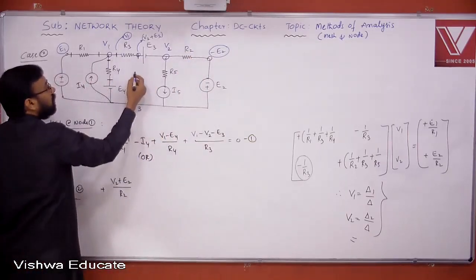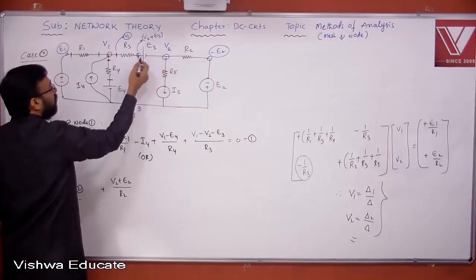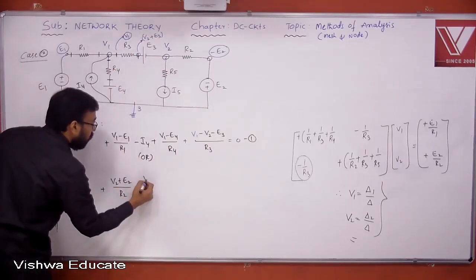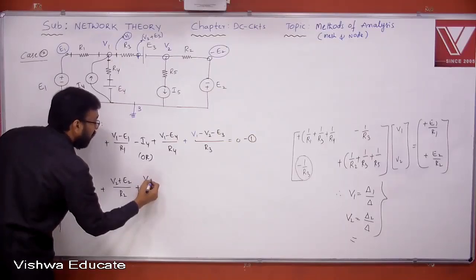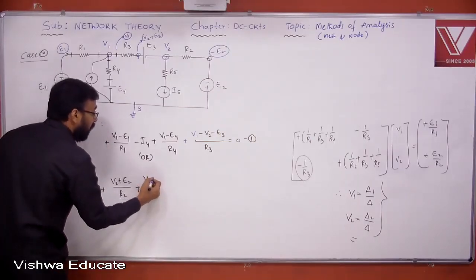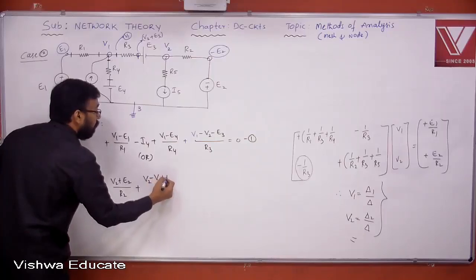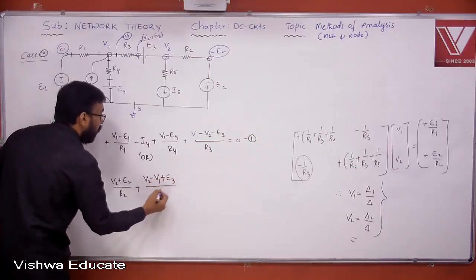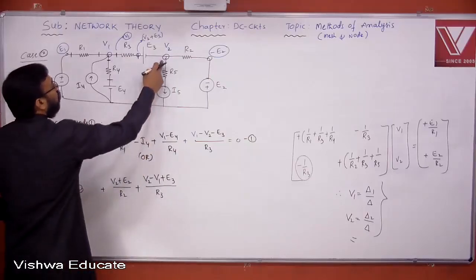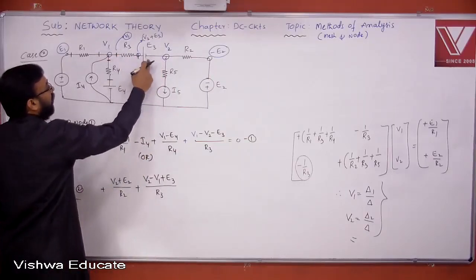And then what about this? Now you assume V2 greater. Then V2 plus E3 minus V1, nothing but V2 plus E3 minus V1 divided by R3.